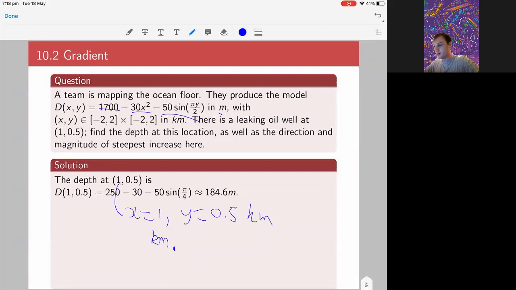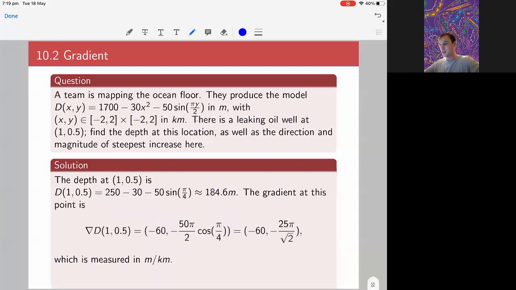Now, I'm unsure where I got this number of 250 from. That doesn't seem to be correct at all. Yeah, I think that's wrong. So it should be 1700. I don't know where that came from. Of course, that makes this incorrect, but we'll just run with it.